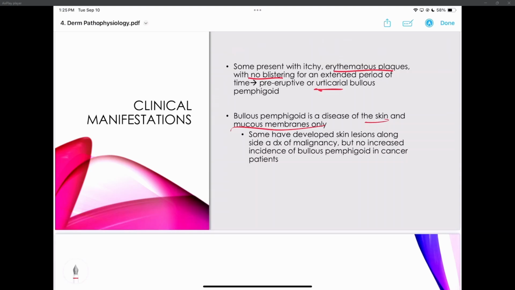If you have cancer, you may develop it due to the cancer, but just because you have bullae on the skin does not mean that you have cancer. So don't just think, oh, I see bullous pemphigoid, they have cancer. No, there could be other reasons for it, but that is one of them.